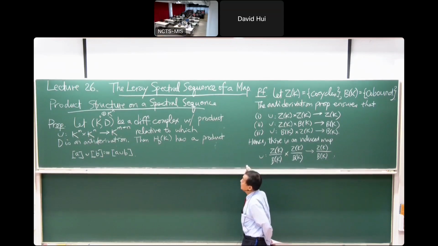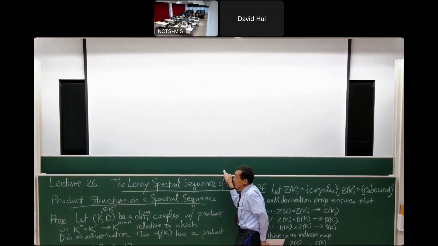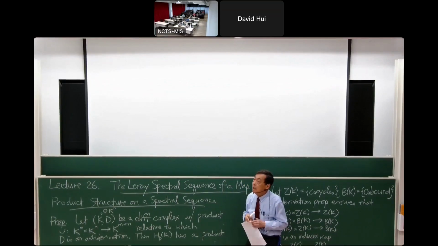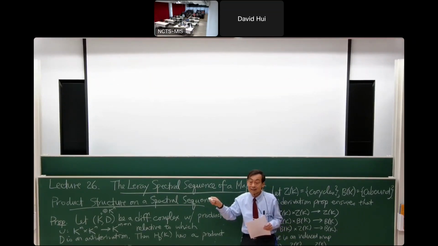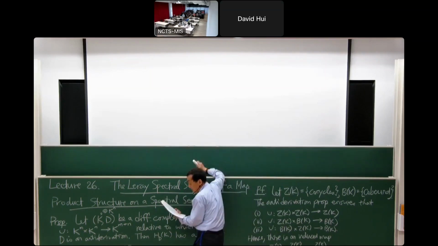Now, there's a theorem that says that in a spectral sequence, each page has a product and also a differential, d_r. And the theorem is that d_r is an antiderivation for every r. And so this way, the product will propagate, right? So let me state the theorem.